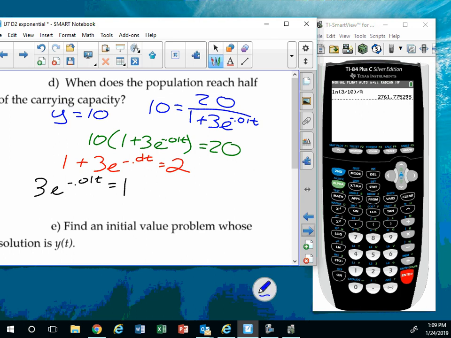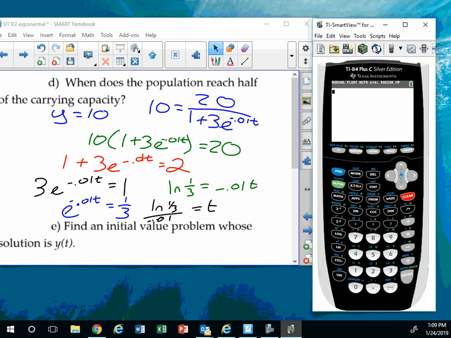You need to get e by itself before you do ln. Now I can do ln. Natural log of 1/3 equals negative 0.01 t. You divide by negative 0.01, so natural log of 1/3 over negative 0.01 equals t.